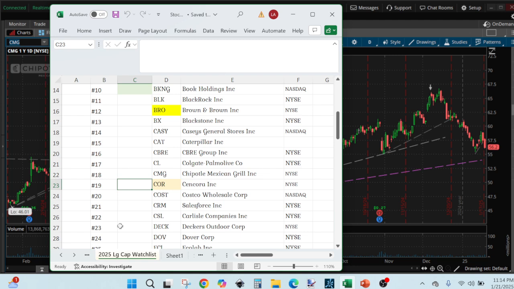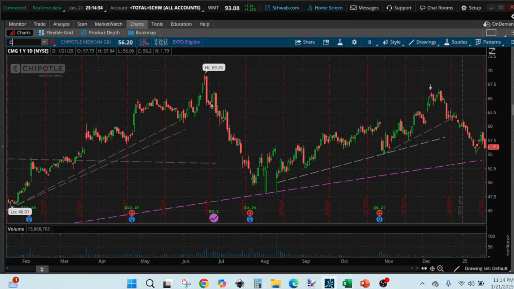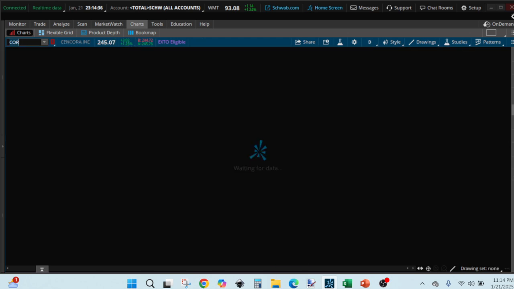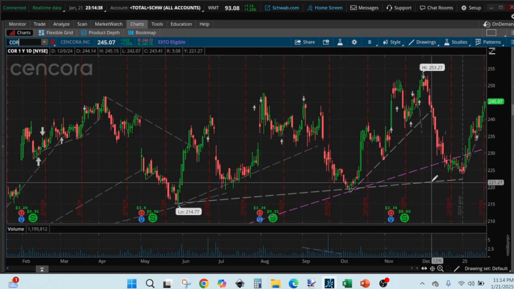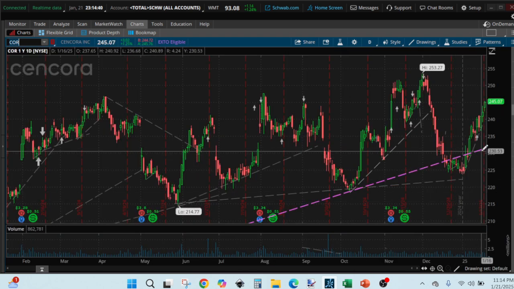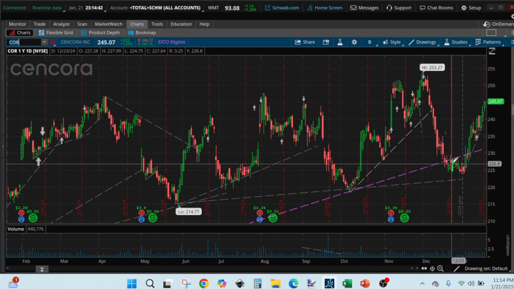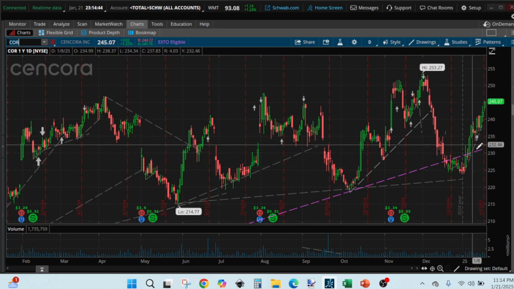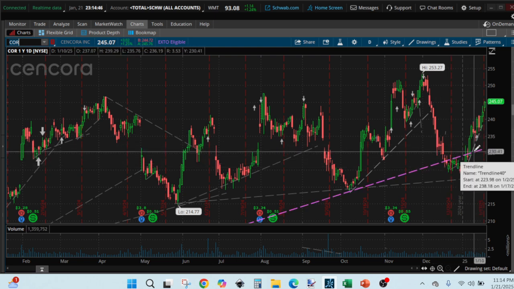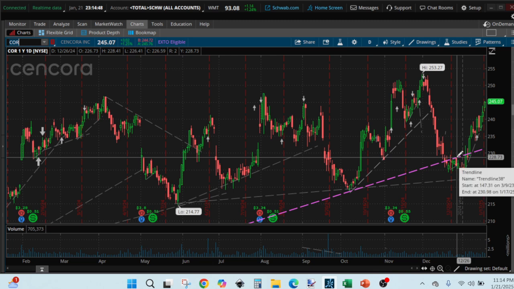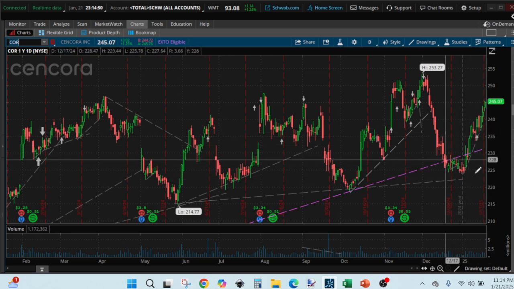The next one is COR. We bought COR this year, and this is the trend line, one trend line here, and we bought it at that trend line. Buying at a trend line does not mean you buy exactly at the trend line, but you buy around that trend line.